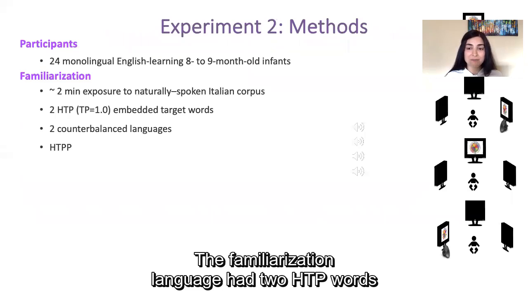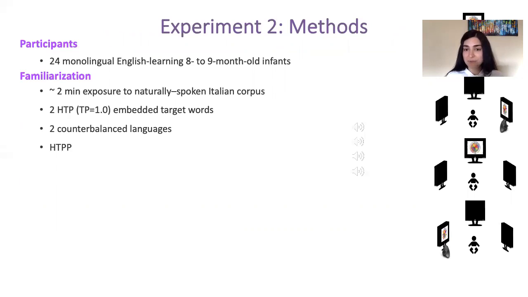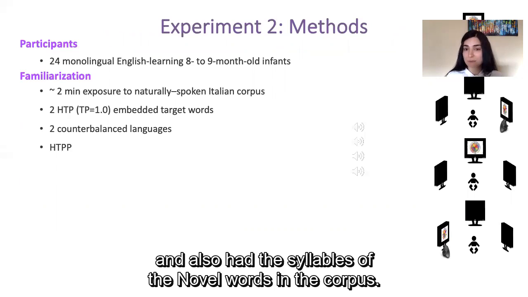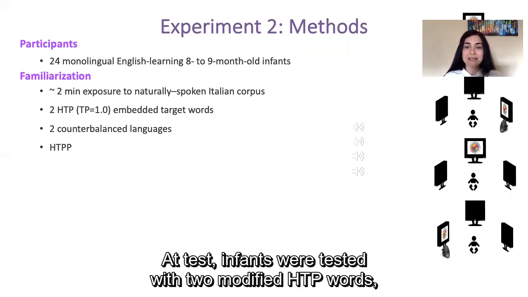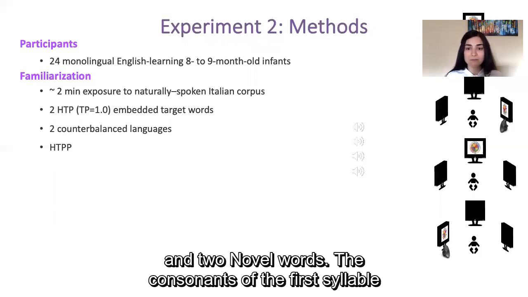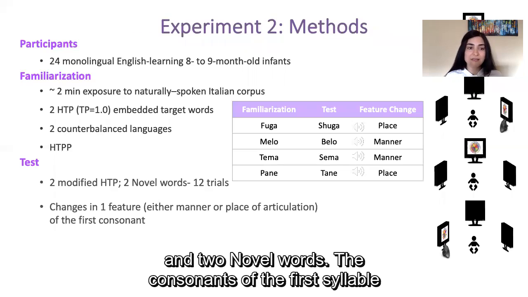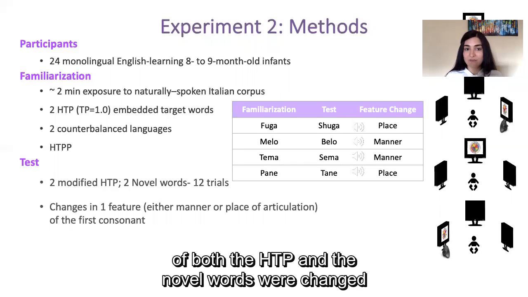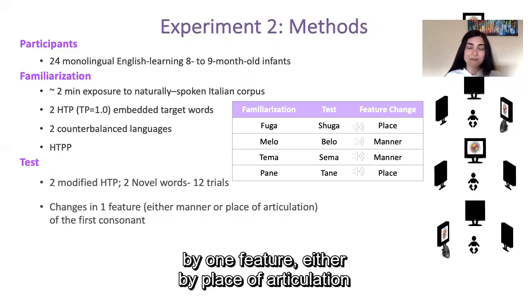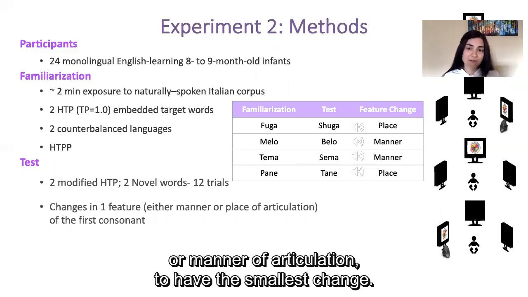The familiarization language had 2 HTP words and also had the syllables of the novel words in the corpus. At test, infants were tested with 2 modified HTP words and 2 novel words. The consonant of the first syllable of both the HTP and the novel words were changed by 1 feature, either by place of articulation or manner of articulation, to have the smallest change.